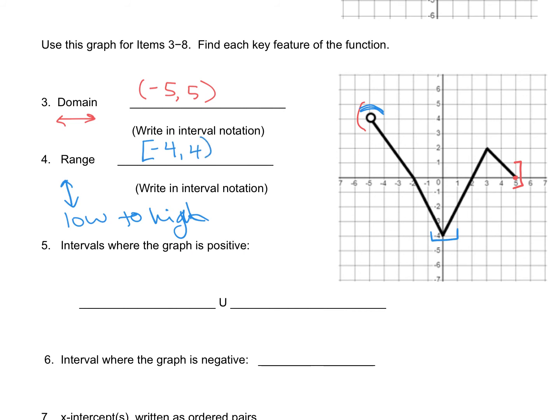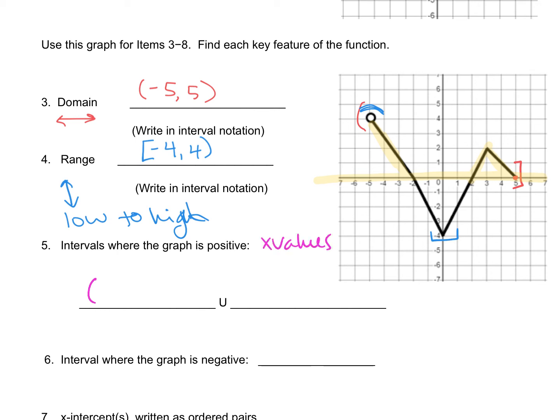The intervals where the graph is positive is going to be anything that is above the x-axis. So it's going to be this point, and this, and this. This little U means union. So on this problem, it's still that open parenthesis, so that hasn't changed. And we're looking at the x values.